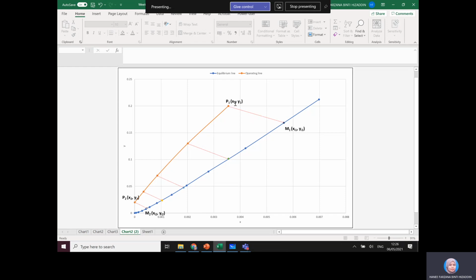So this is your P1, X1, Y1 at the bottom of the tower, and P2, X2, Y2 at the top of the tower. These are the intermediate points. These are the xi1 and yi1, the interface points, M1 and M2 at the top and the bottom of the tower, and also the intermediate xi and yi in the intermediate points.